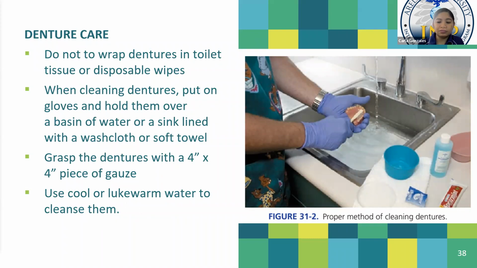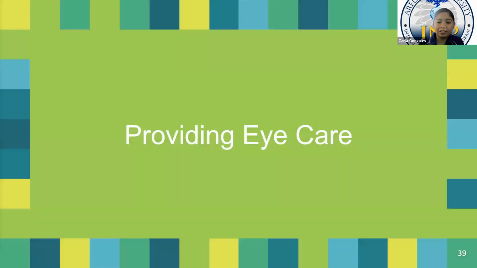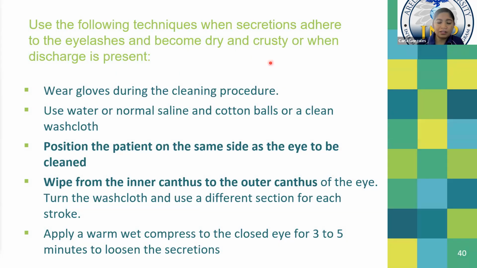So for eye care, you can use the following techniques when you see adhesions or secretions adhering to the eyelashes. You can wear gloves during the procedure. What you can use would just be water, or if you have normal saline and cotton balls.